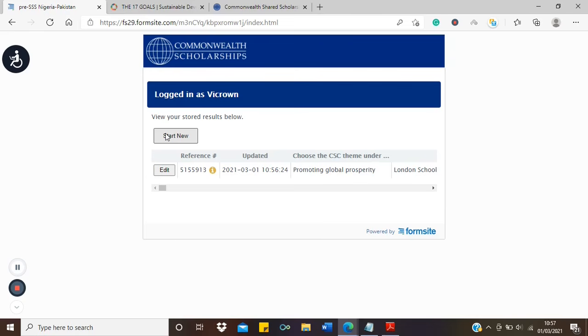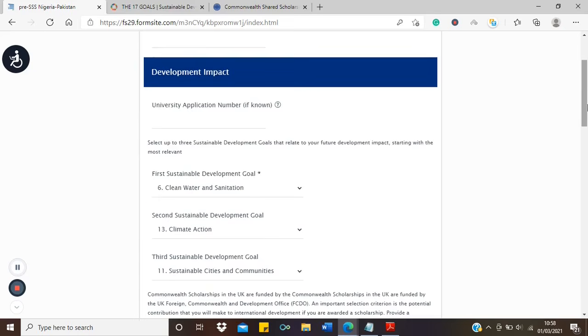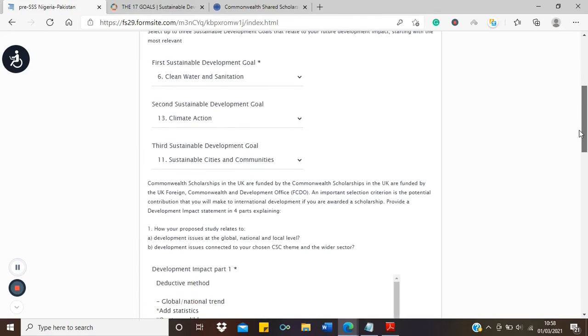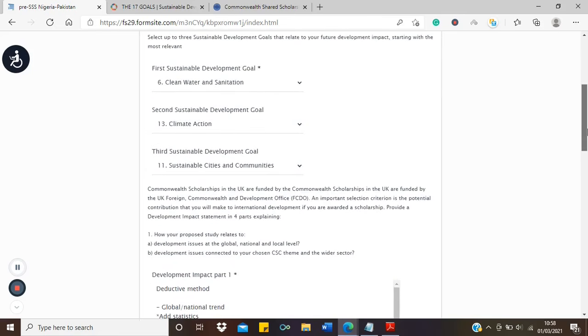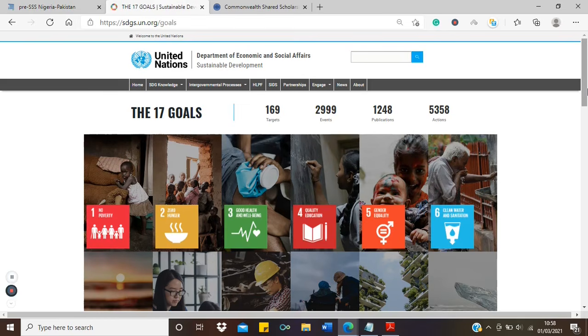So now let's return to our essay tips. Yes guys, we're back to the essays, and as I said, choose the 3 closest SDGs to your area of interest. And if you're not sure about the details of these SDGs, you can go to the SDG official website. This is it here.